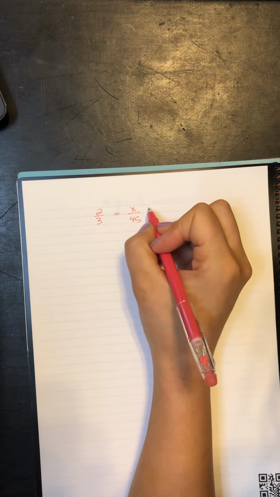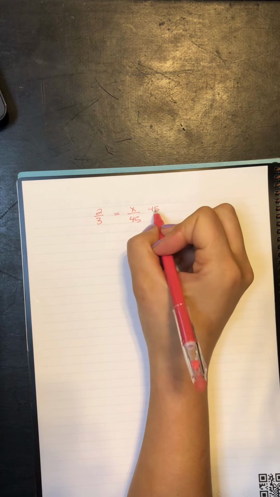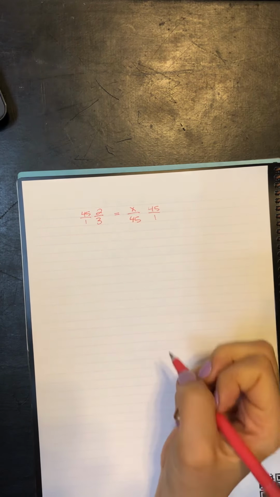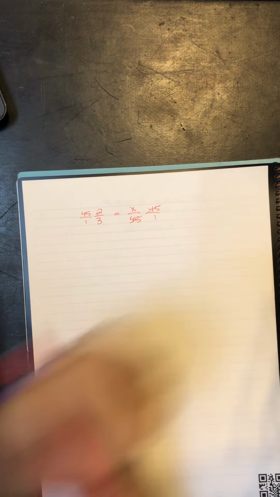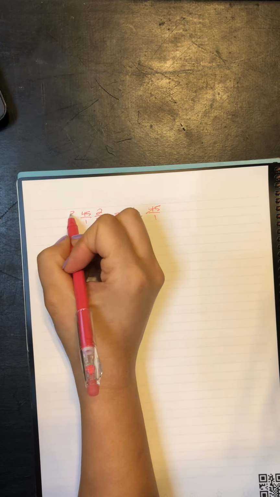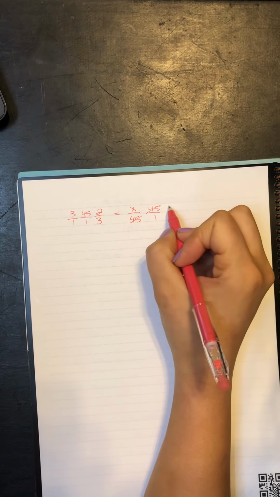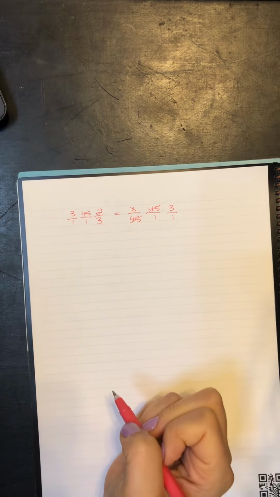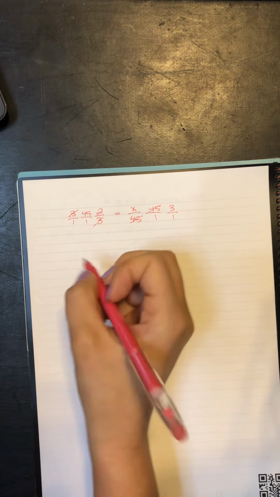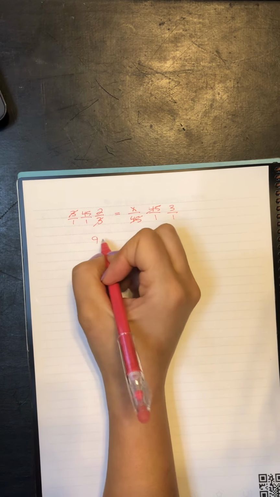So I'm going to multiply times 45 over 1 here and 45 over 1 here to get rid of this 45. Well, if I want to get rid of this 3, I'll multiply times 3 over 1 and 3 over 1 and get rid of this 3 and this 3. So on this side, I'm left with just 45 and 2, which makes 90.